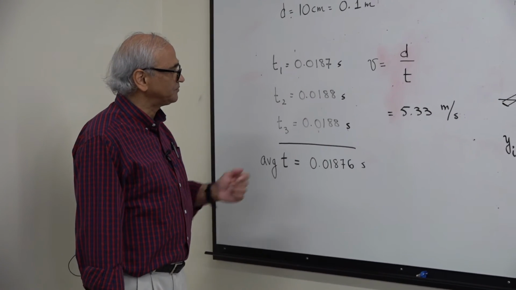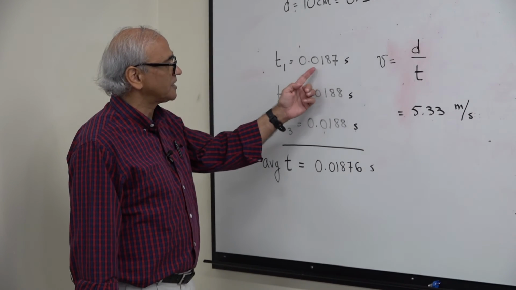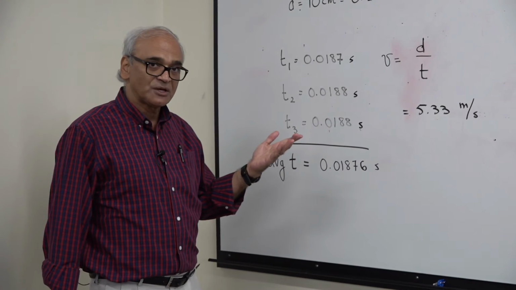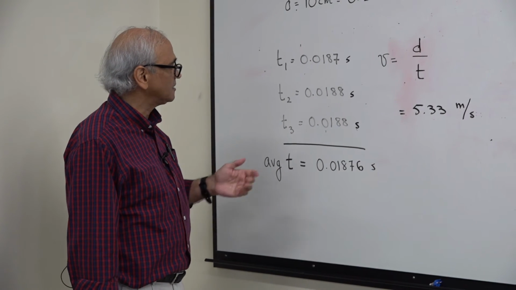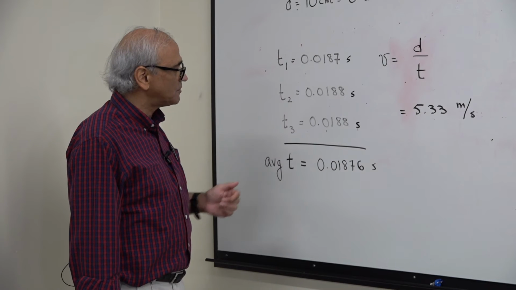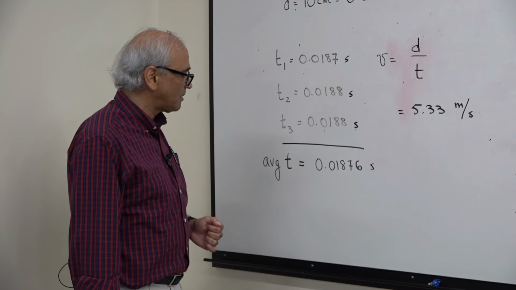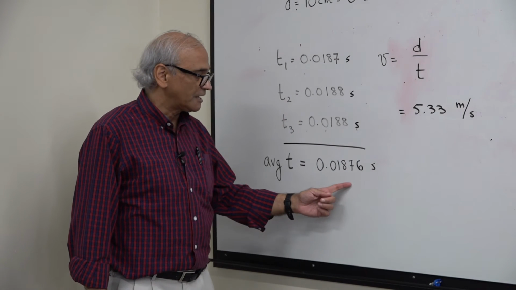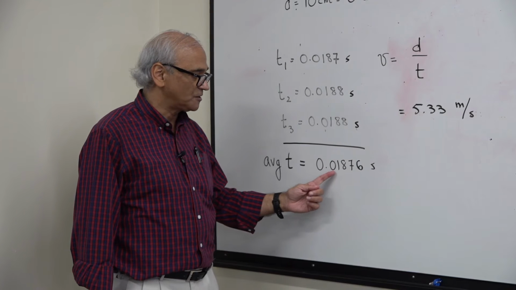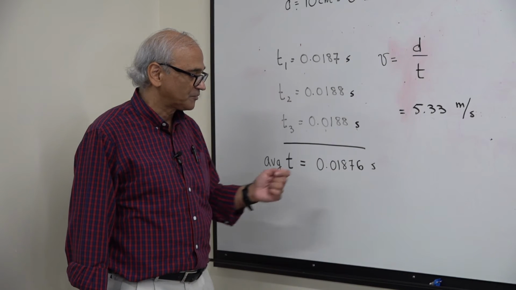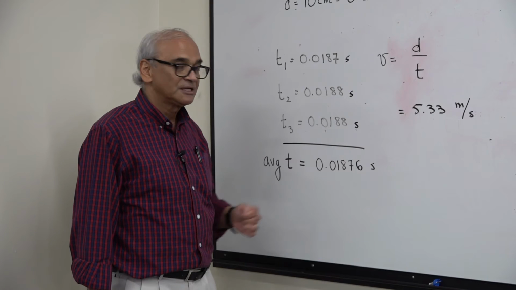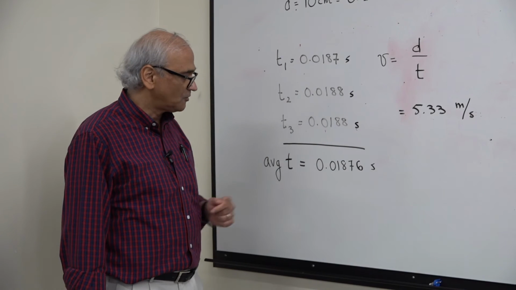So 100th of a second would be 0.01. So it's a little bit higher than 100th of a second. We got these 3 numbers. They're very close. So when you add them up and divide by 3, the average number you get is 0.011876. You don't need that much precision, but we have those numbers.